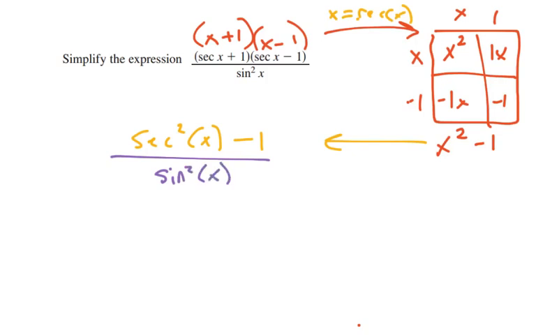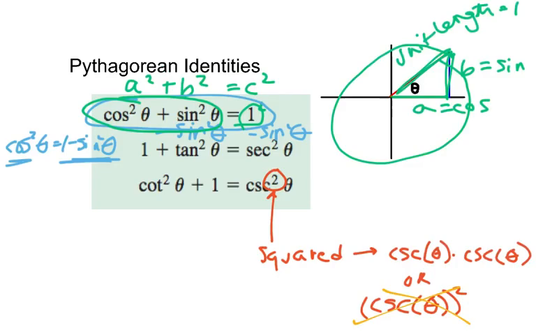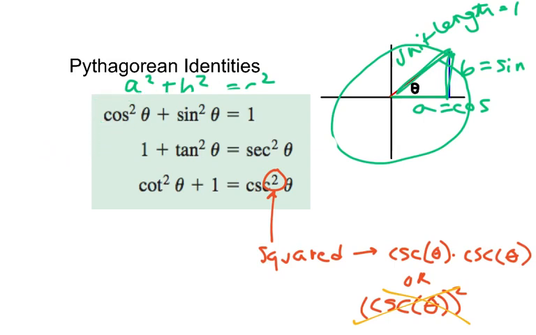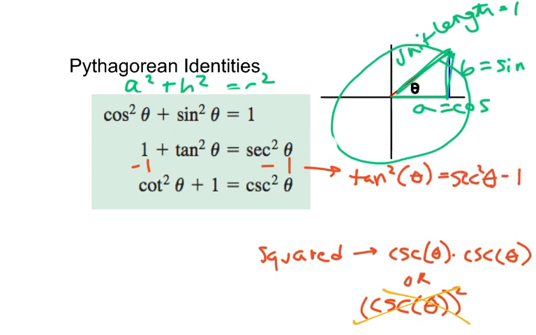So then we go back to the fact that this is a squared, and so one way of undoing that is by writing it as secant times secant. But again, I see a squared, and I also think that maybe there's a Pythagorean identity. For instance, if I look at this piece over here, I can go ahead and subtract a 1 from both sides, and I end up with the statement that tangent squared of theta equals secant squared of theta minus 1.